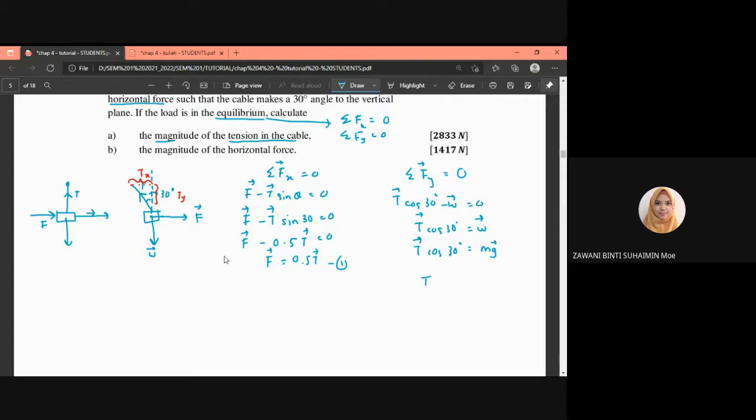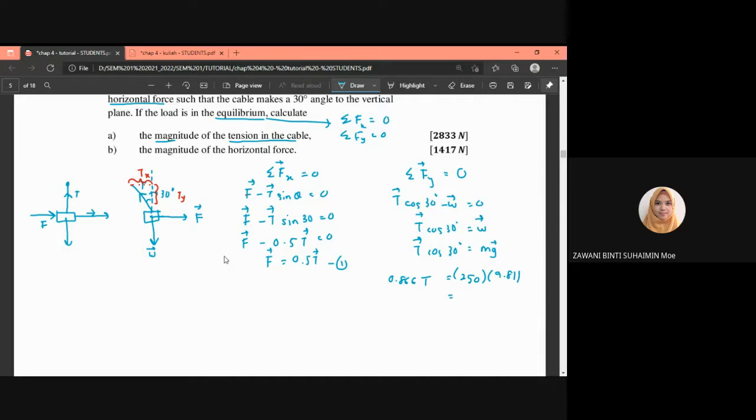Cos 30 berapa? Cos 30 bersamaan dengan 0.866 T. Okay, it's equal to mass tadi dia dah bagi 250 and then g is equal to 9.81. So masukkan saja.